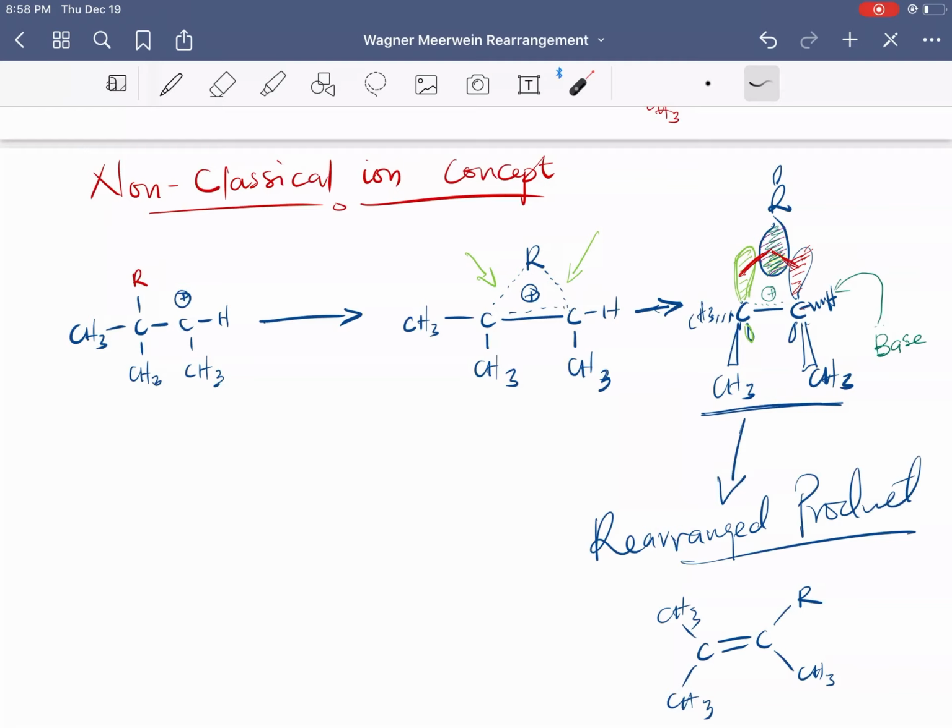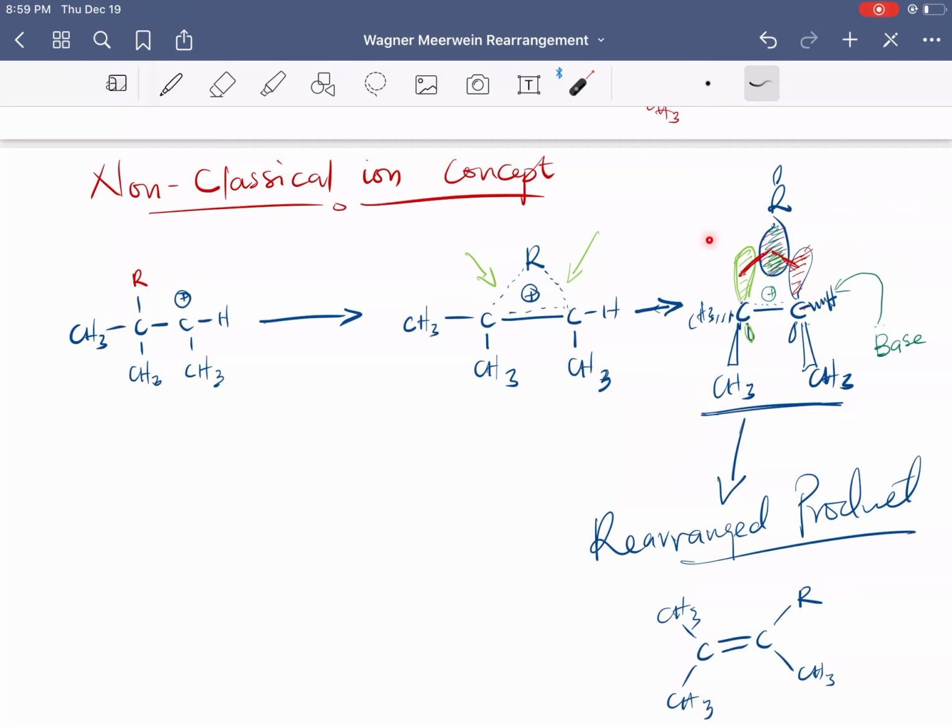That means that this bond is between the sp3 hybridized orbital of this carbon and the sp3 hybridized orbital of this carbon in the R group. In the same way, this bond here is between the sp3 hybridized orbitals of this carbon and the carbon in the R group. So we have a geometry of the intermediate that looks something like this.